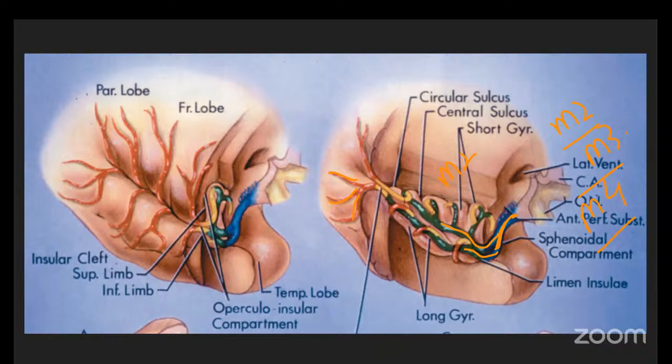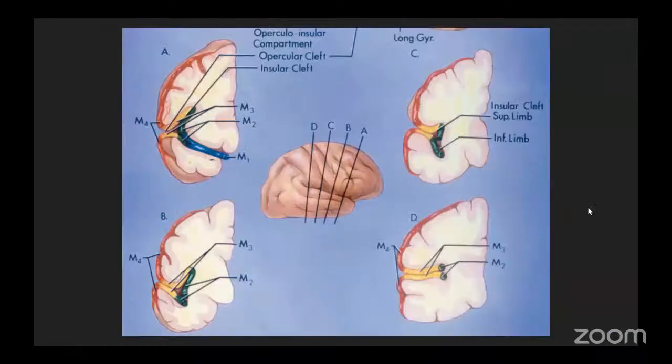In the first illustration, the Sylvian fissure has not been retracted. In the second illustration, the cortices have been completely taken away. All you see is the insular cortex. So I think this would make some sense. It's a clearer image.